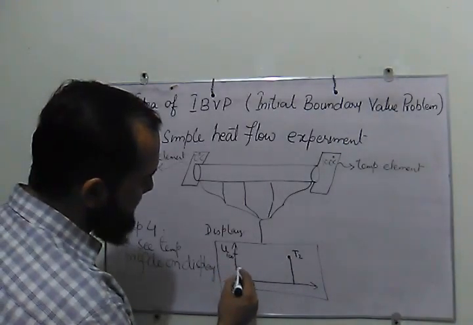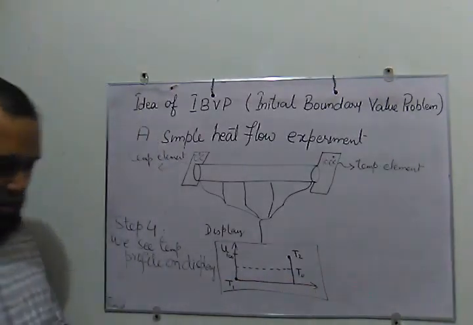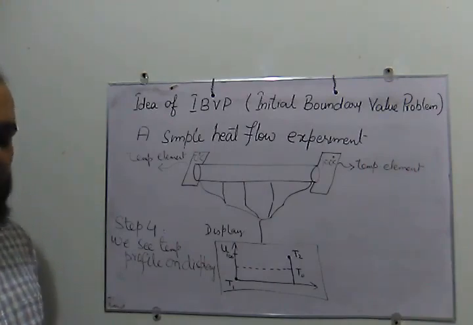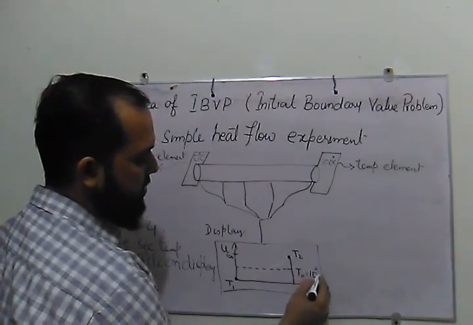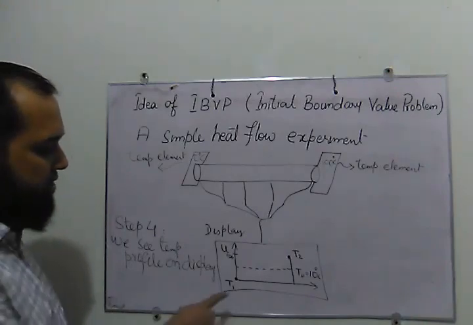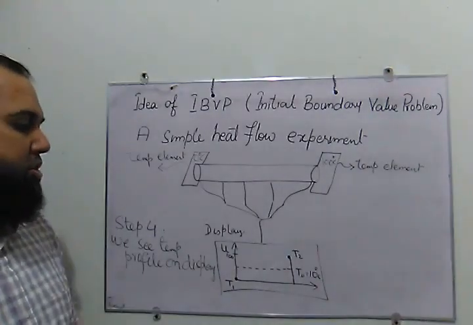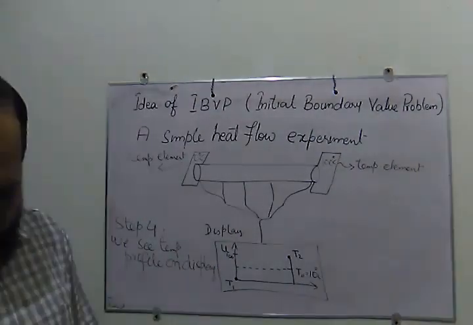Initially the temperature is here, T0, because in step 2 we put the rod in at a fixed temperature, which is T0, 10 degrees centigrade. So when we measure the temperature, first we will see this line, which shows that the whole rod has a temperature of 10 degrees centigrade.